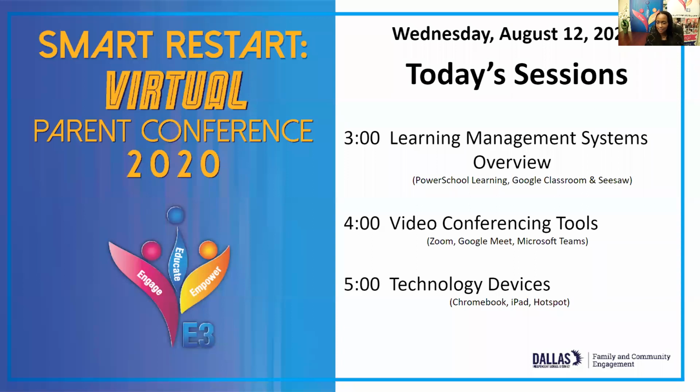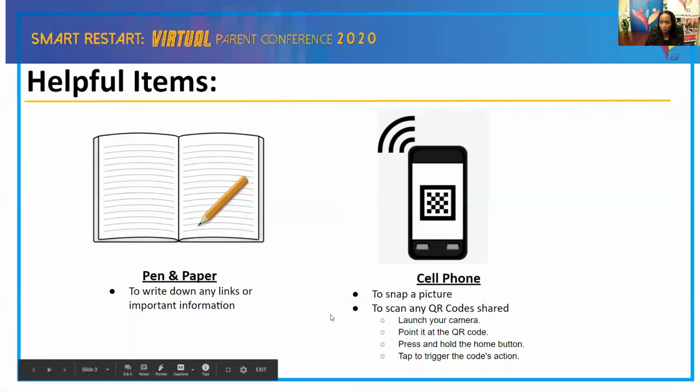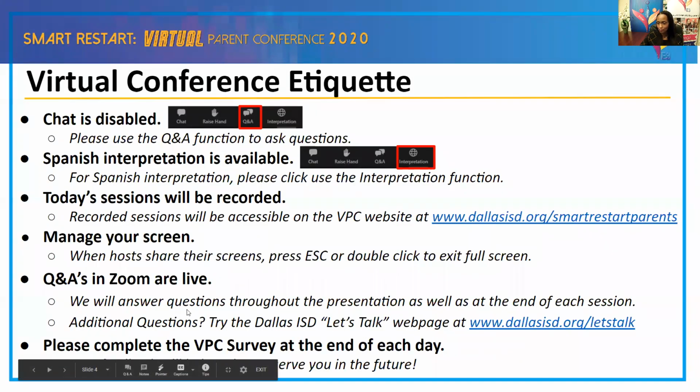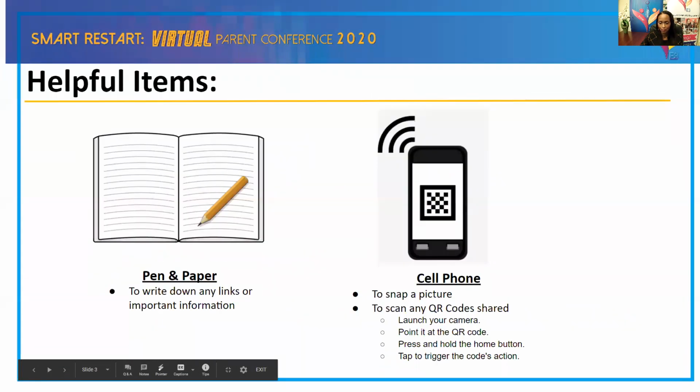In addition to the device you're using today to view the conference, you might also want to have a few other items on hand. I definitely recommend that if you don't have pen and paper, you might want to grab that just in case you want to write down any links that are shared or important information you may want to remember.